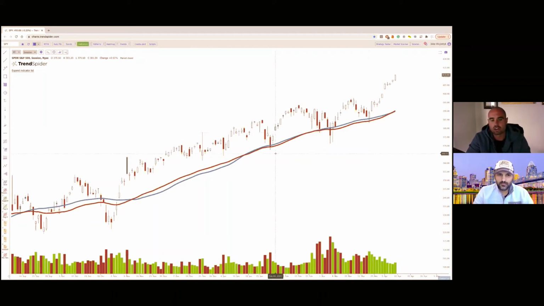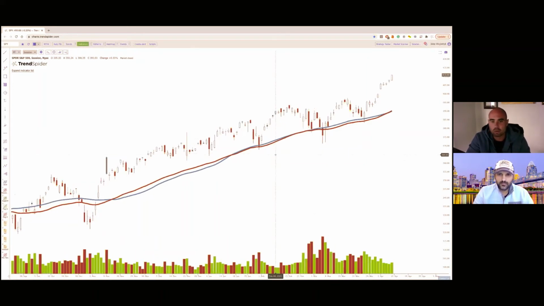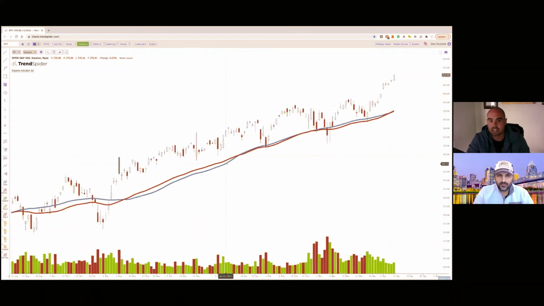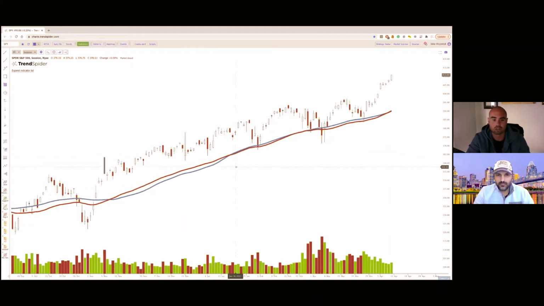So when you have a simple moving average 50 or an exponential moving average 50, you have to look and see what time frame you're on, because you can't just say, oh yeah, that's the 50-day simple moving average, because it's not. If you're on a 30-minute chart, it's the last 50 30-minute candles. So just something to keep in mind. This is dependent on whatever time frame you're on.